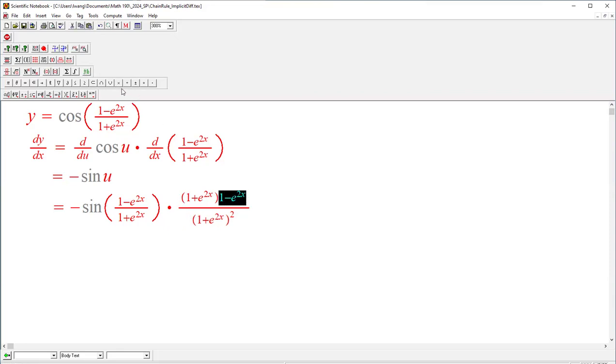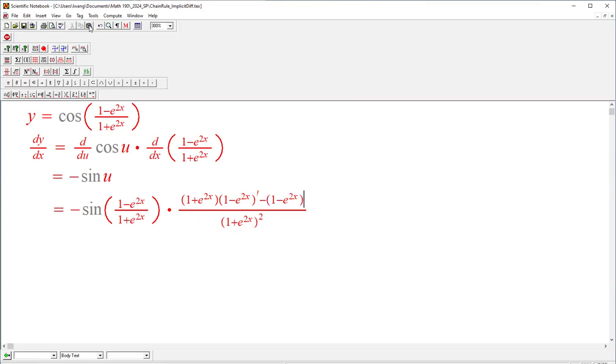So I'm going to put that in parentheses, that was in the numerator, and we're going to put a prime. Subtracting, the numerator stays the same. Multiply, the denominator being differentiated.